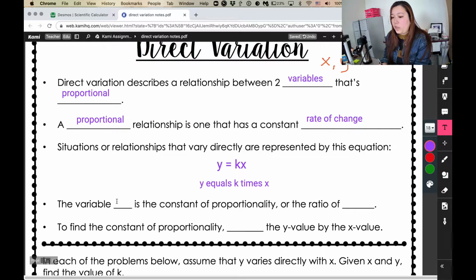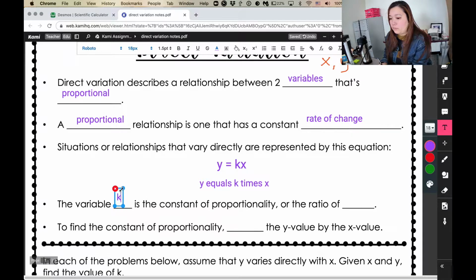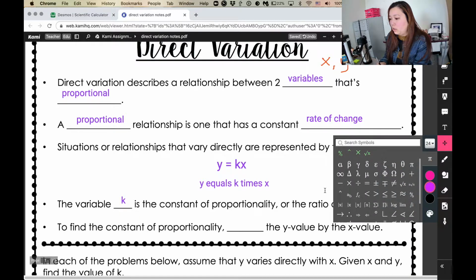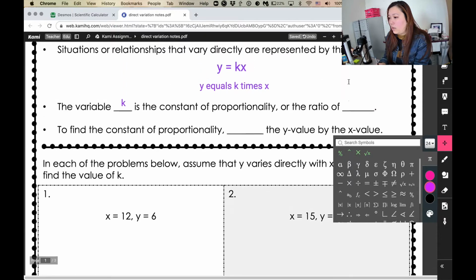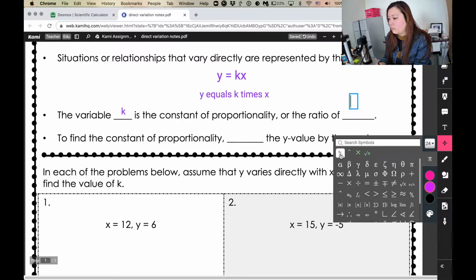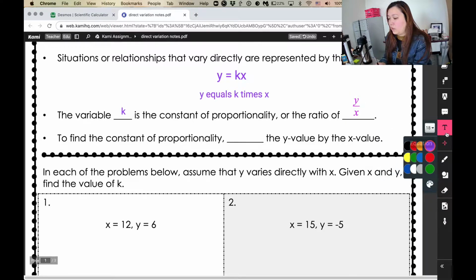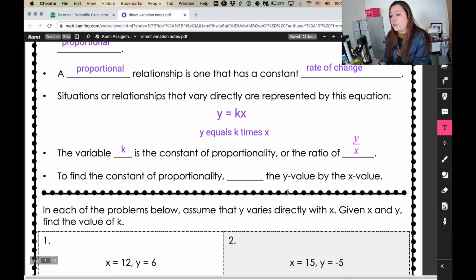The variable k is the constant of proportionality, or the ratio of y over x. Okay? K is the constant of proportionality, or the ratio of y over x.